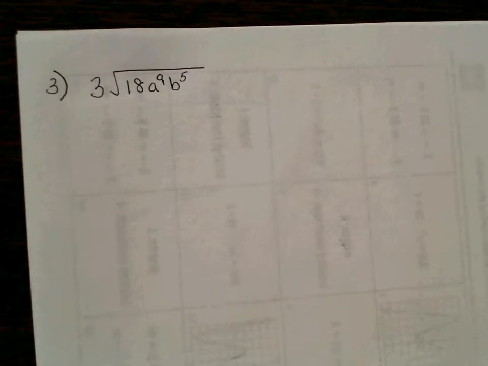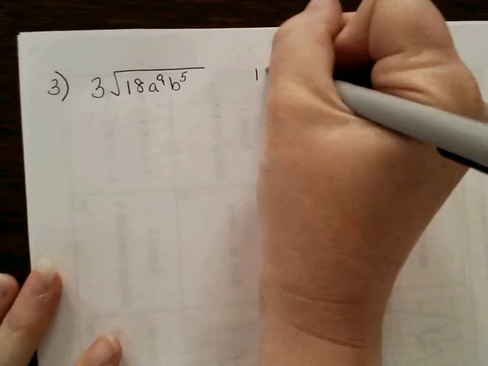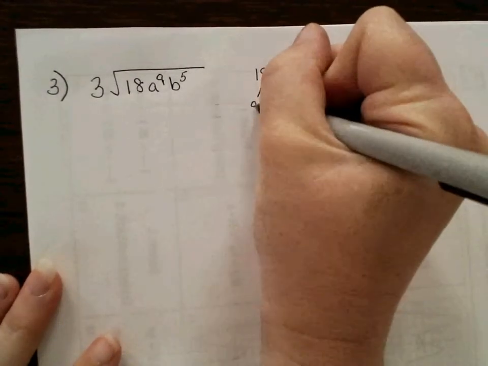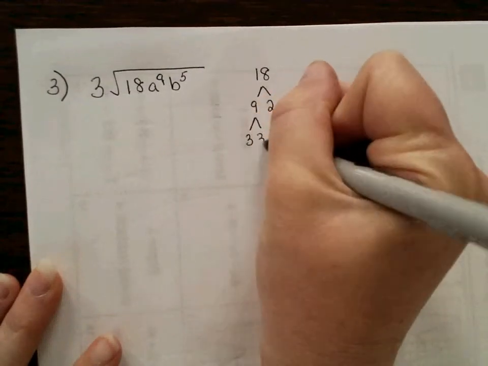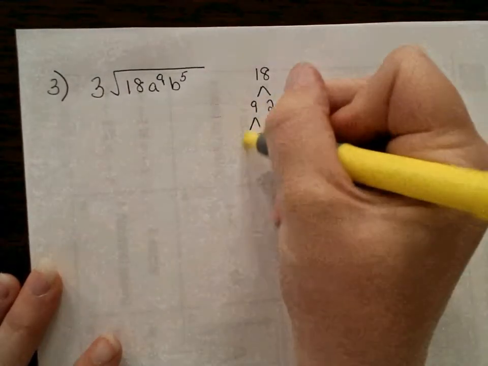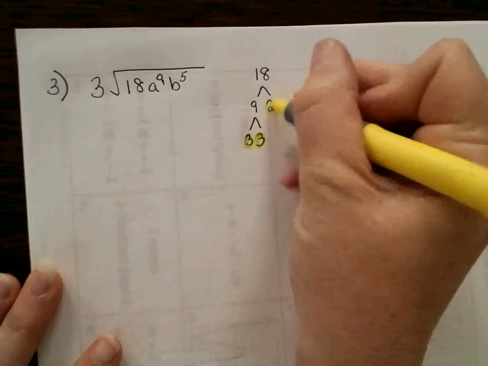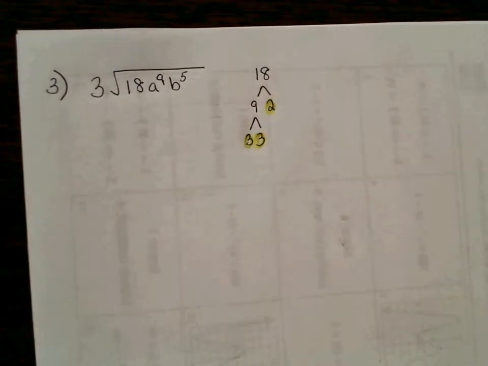Okay, so you're going to break each piece down individually. So you're going to have 18. We need to factor 18. 9 and 2 will work. And then 9 will be 3 and 3. Why did you do 9 instead of the 2 this time?